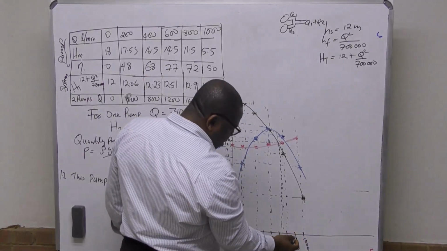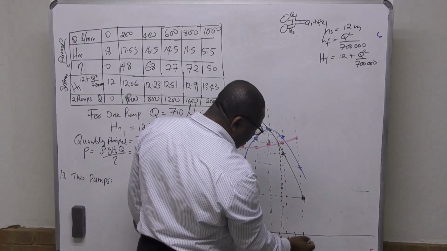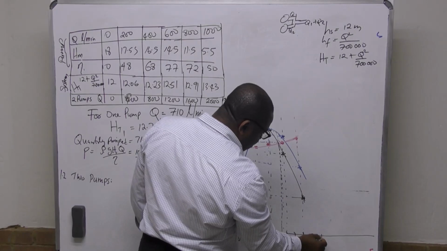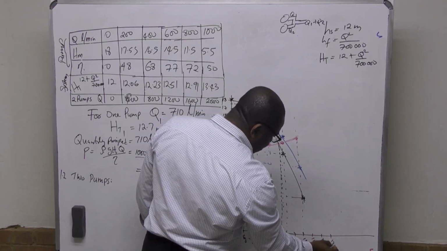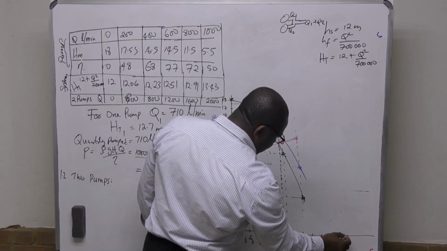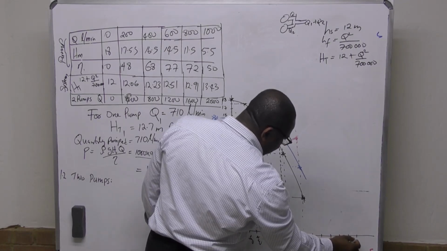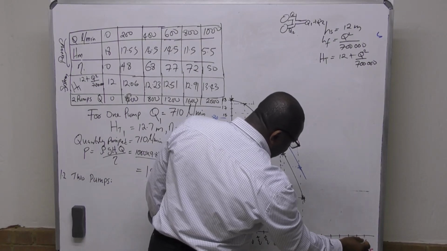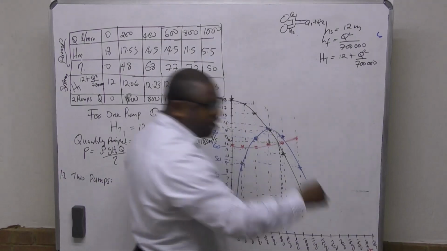All right. This is 900, 1,000, 1,100, 1,200, 1,300, 1,400, 1,500, 1,600, 1,700, 1,800, like that.